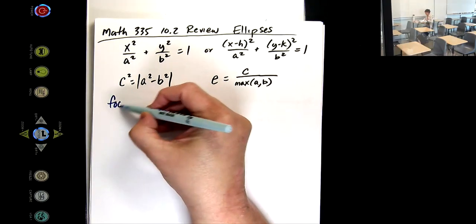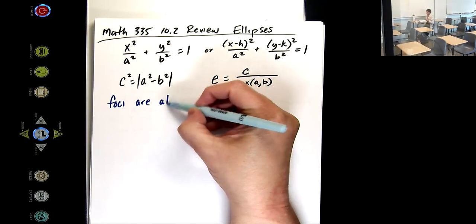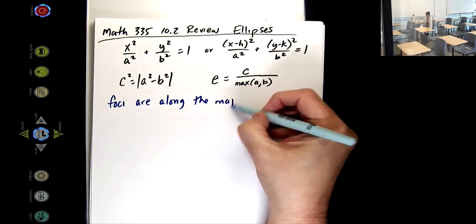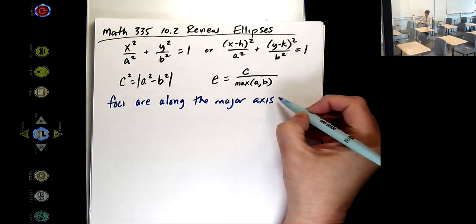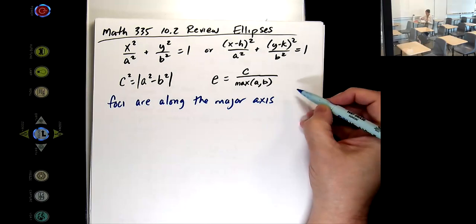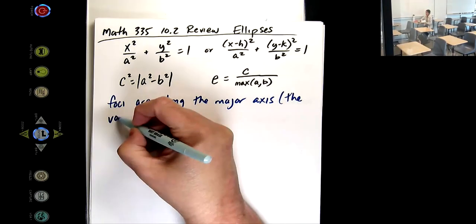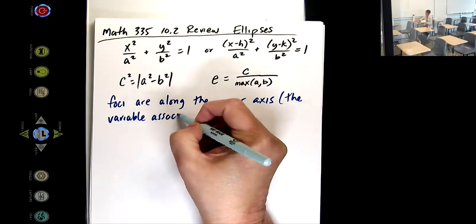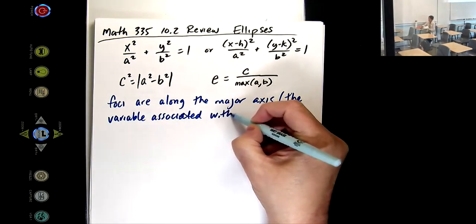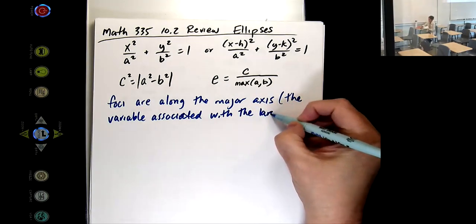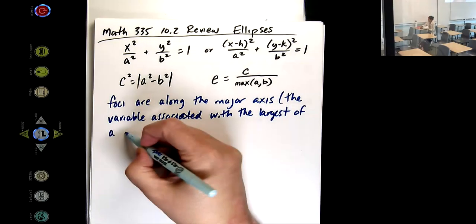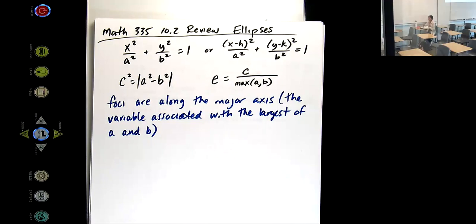Our foci are along the major axis. And the major axis is the variable associated with the max, or the largest, of A and B. So if A is larger, it's with X. If B is larger, it's with Y. And where are the foci?